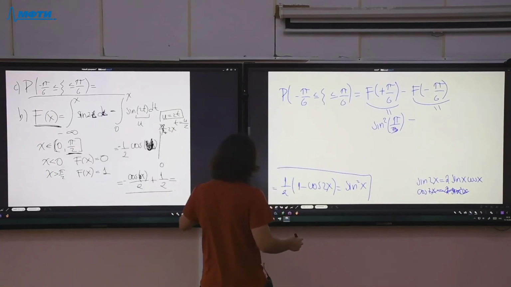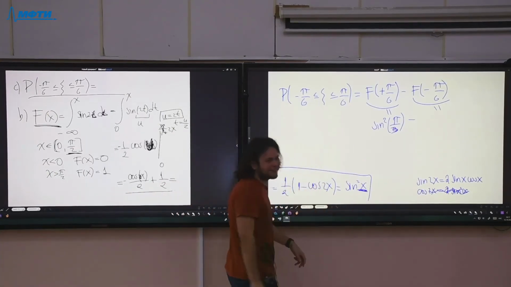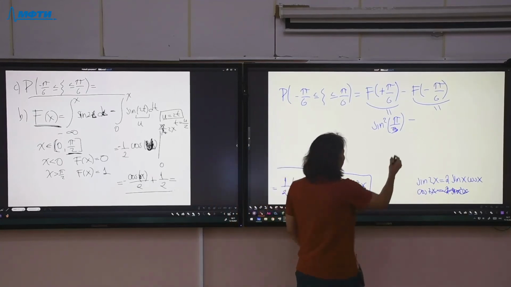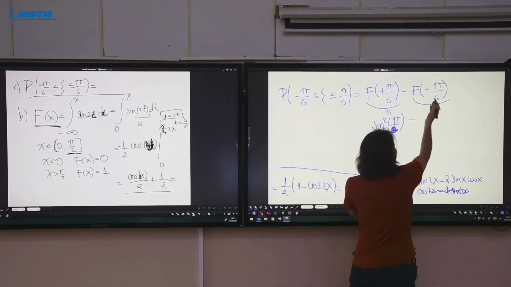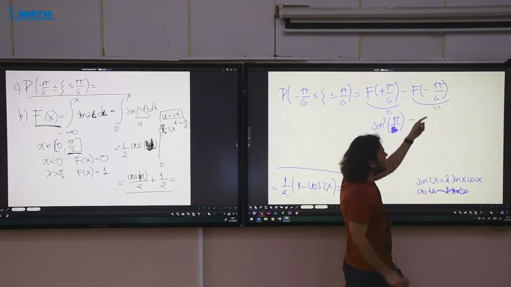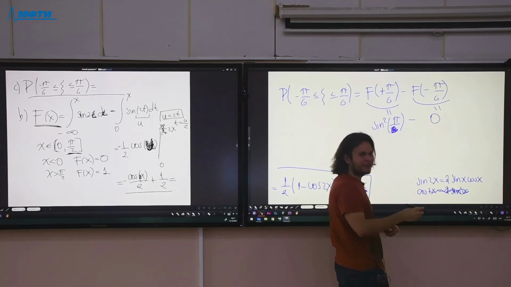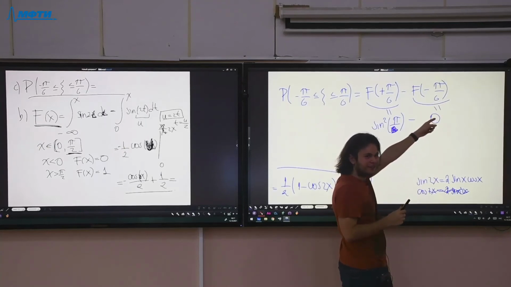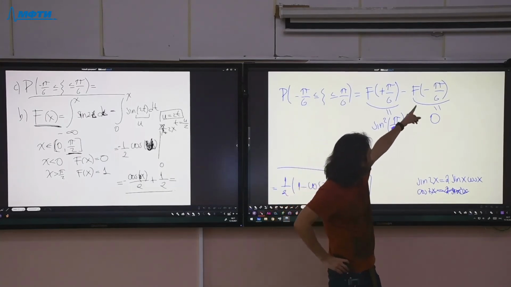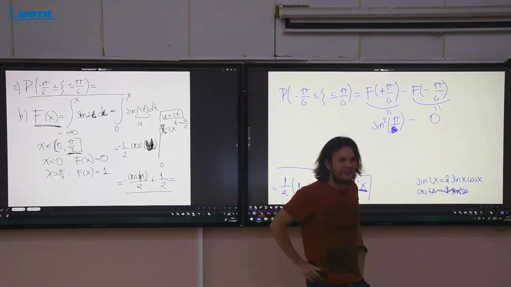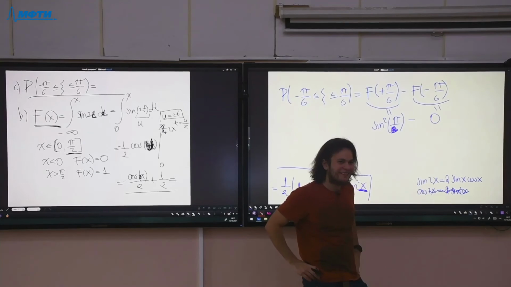No, wait, but we have x here. I'm getting confused. So pi over 6, right? And here, this is what? 0, right? This is 0. Why 0? I mean, the sine of this thing is 0?